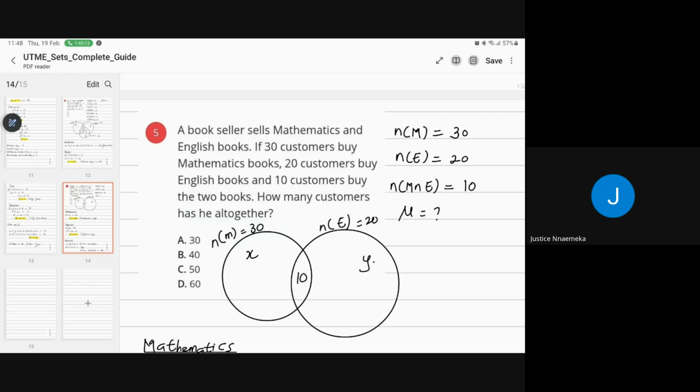How many read both papers? Justice, any idea? Don't worry. Let me get it and insert it so that it will be easier for you.